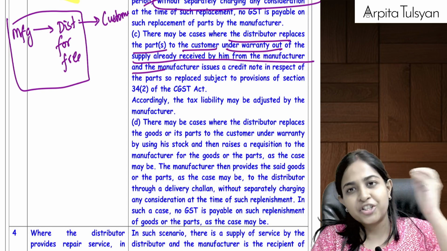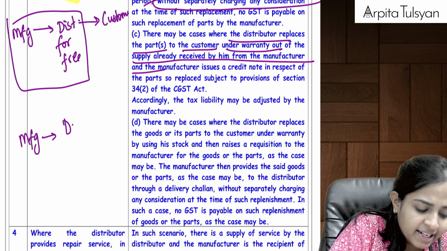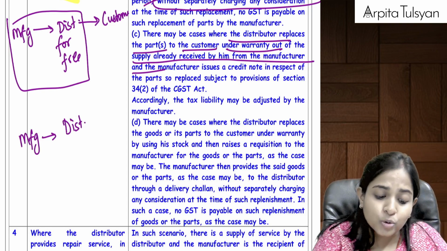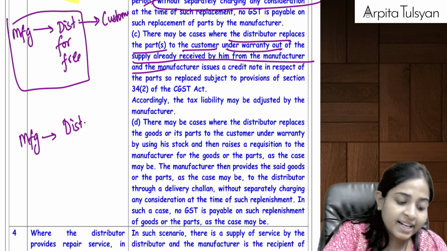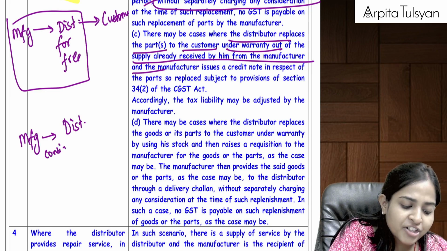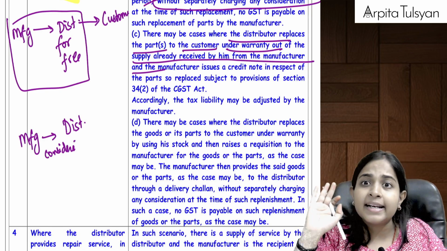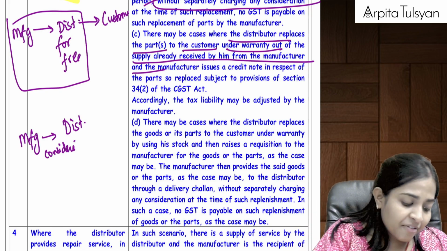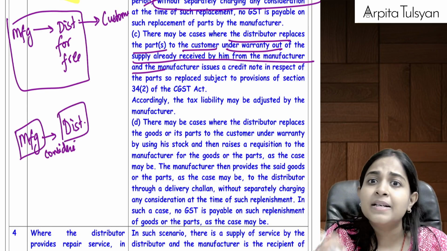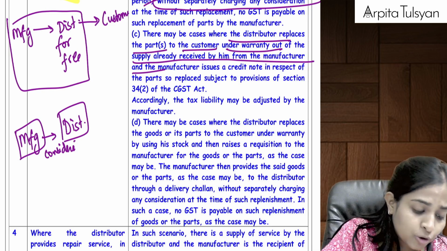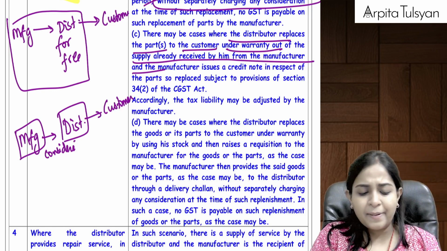Let's say manufacturer had already given some spare parts to the distributor, supplied for some consideration earlier itself, in advance. In advance, the manufacturer gave some spare parts to the distributor, that you please keep these spare parts with you, and whenever a customer comes to you under warranty, you can do the replacement, etc.